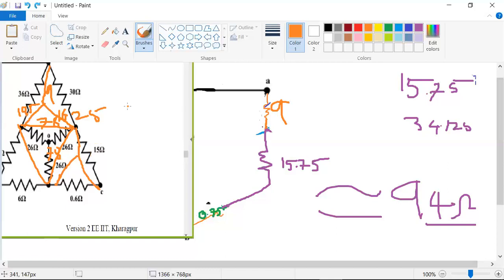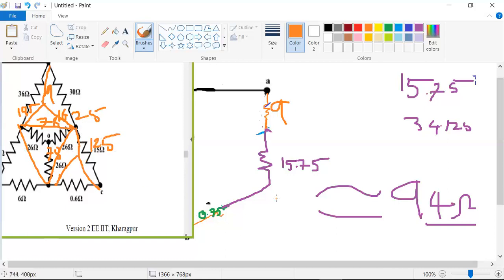Let me remove that. 78 multiplied by 15 divided by 93.6. Then that value will be 12.5.